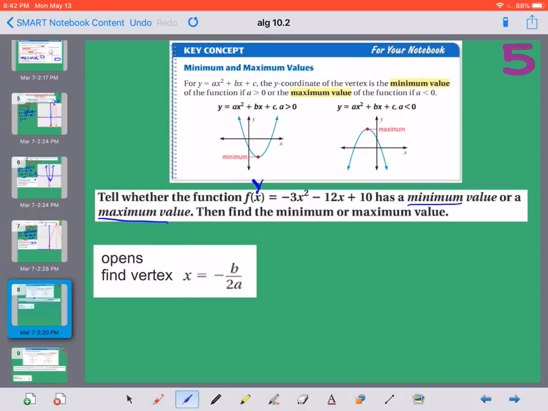Now minimum and maximum values for y equals ax squared plus bx plus c, the y-coordinate of the vertex is the minimum value of the function if a is greater than 0, or the maximum value of the function if a is less than 0. So the first thing we need to figure out here, well, we know it's going to open down.